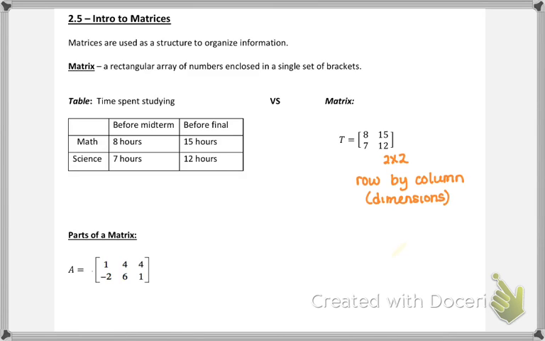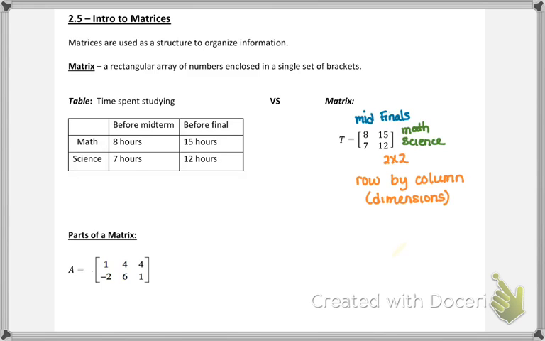Okay, so I'm going to represent the same amount of information in a 2 by 2 matrix, where the columns represent time spent studying for midterms and finals. Those are what the columns represent, and the rows are going to represent the 2 classes, math and science. Okay, so just a different way to organize information instead of using a table.